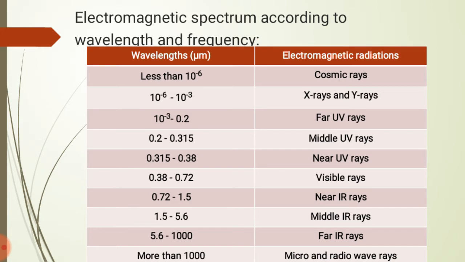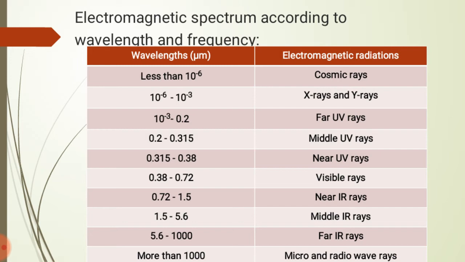The far UV rays wavelength lies between 10 to the power minus 3 to 0.2 micrometer. The wavelength of the middle UV rays lies between 0.2 to 0.315 micrometer. Next is the near UV rays. The wavelength of the near UV rays lies between 0.315 to 0.38 micrometer.